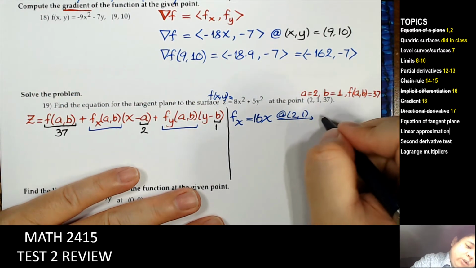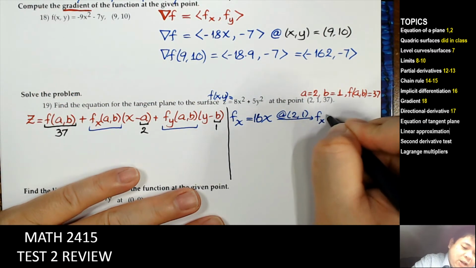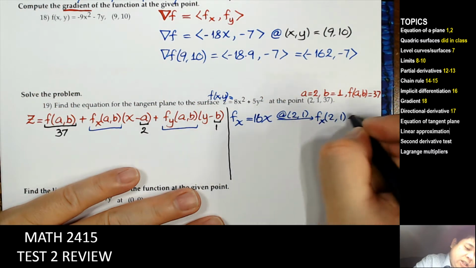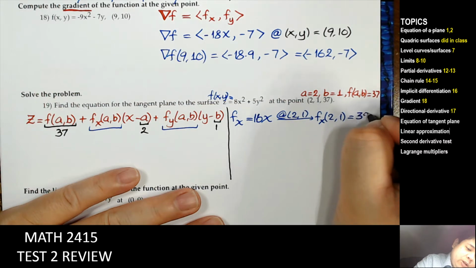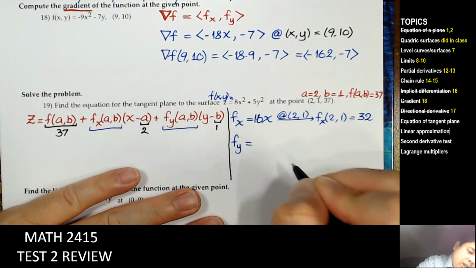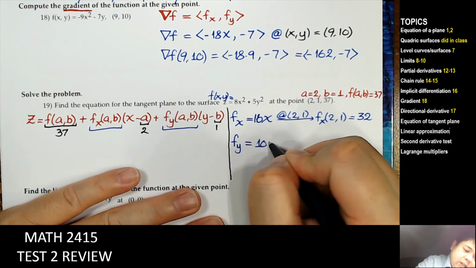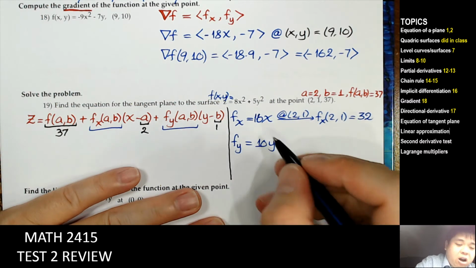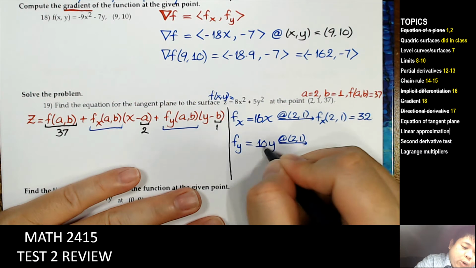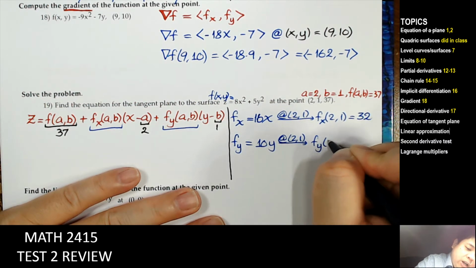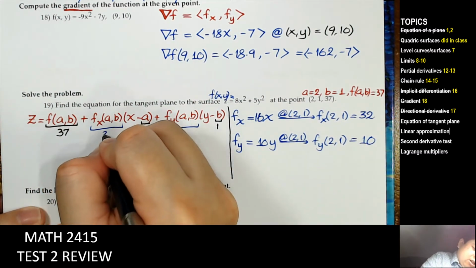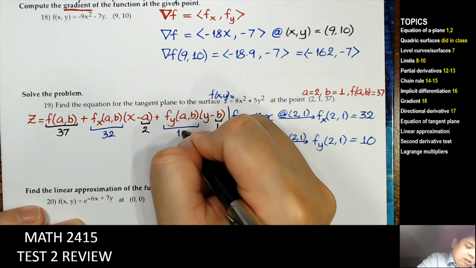When x equals 2, the derivative with respect to x at 2 and 1 is 16 times 2, 32. Then the derivative with respect to y will be 10y for that function, since the xy term is a constant, and we evaluate at 2 and 1. The derivative with respect to y at 2 and 1 is 10. So this is 32 and this is 10.